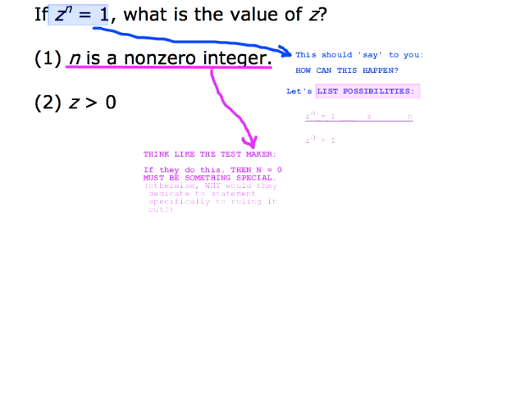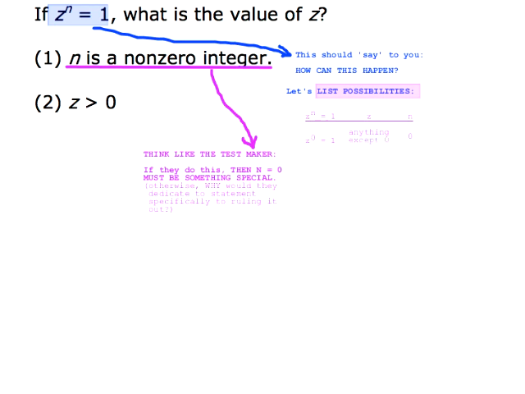That would mean that n is 0. What about z? Is there anything that you can't do this with? Not quite anything. Almost anything. Yeah, it can't be 0. So it can be anything except 0.